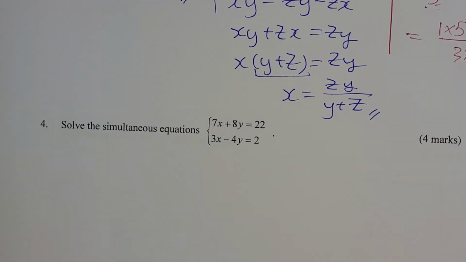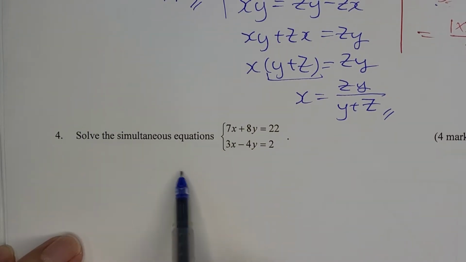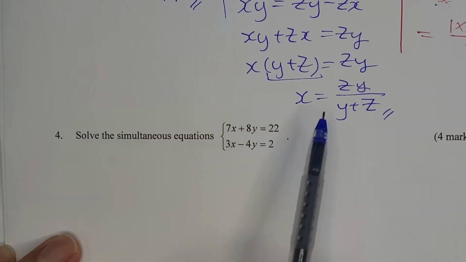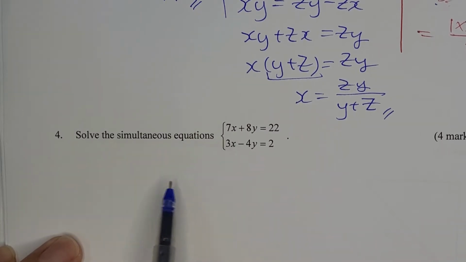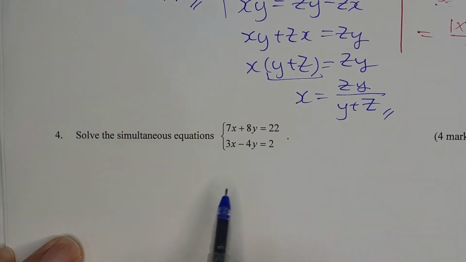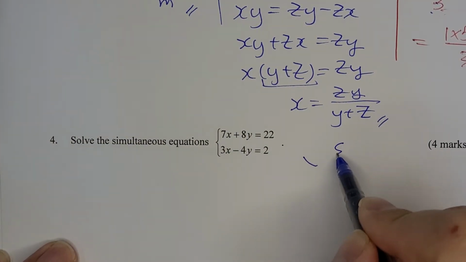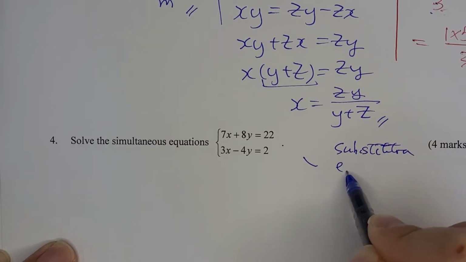Okay, next go to question number 4. Solve the simultaneous equations 7x plus 8y equals 22, 3x minus 4y equals 2. Now the question didn't tell you which method to use. That means you can choose either substitution or elimination.